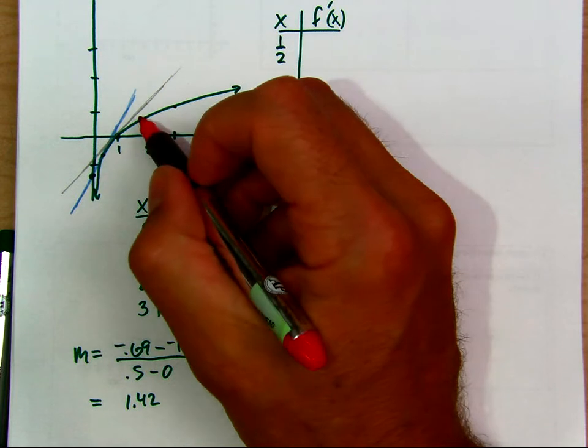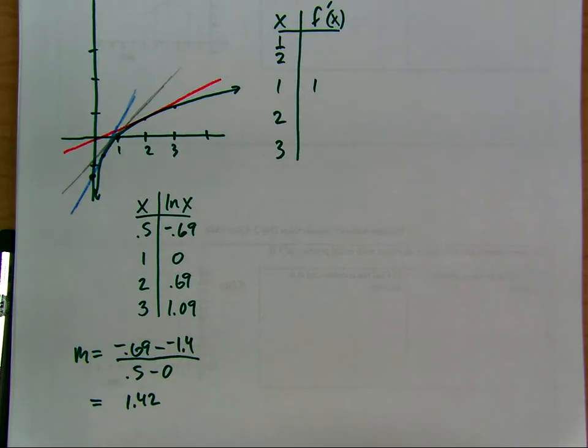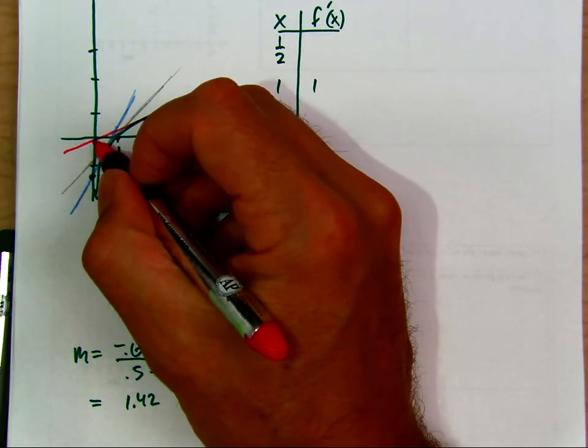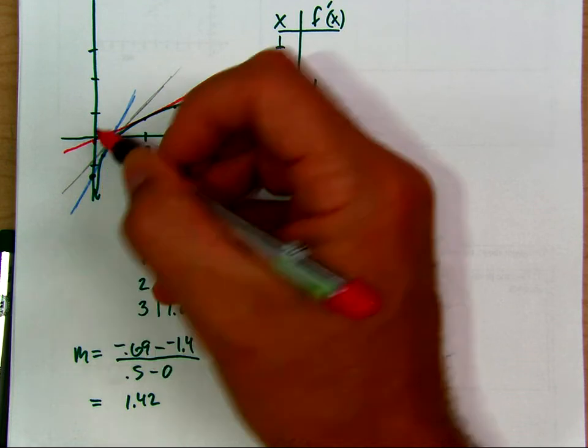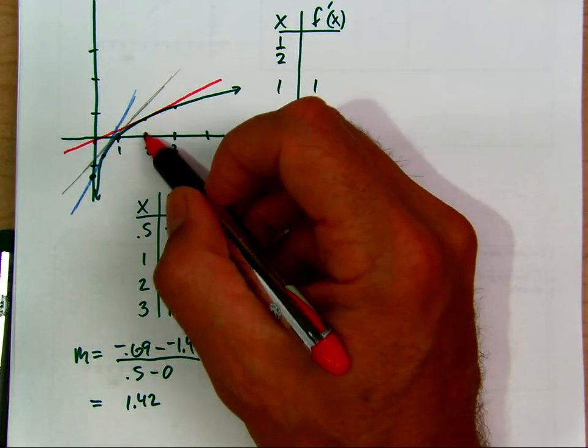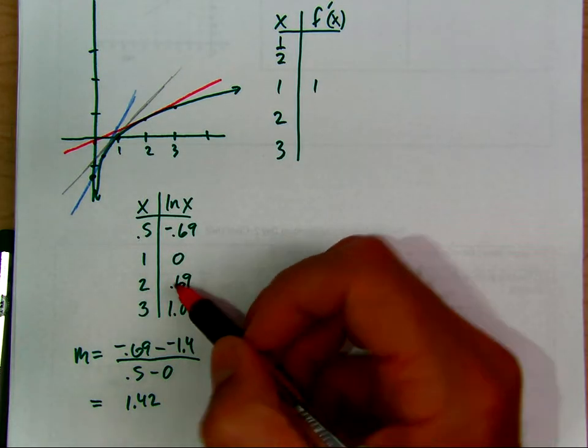And then we'll draw a tangent line here, and let's say that this point is 0, negative 0.2, and then we have the coordinates for 2, which are right there, 0.69.